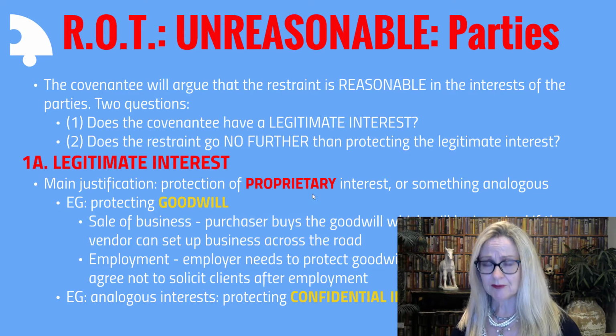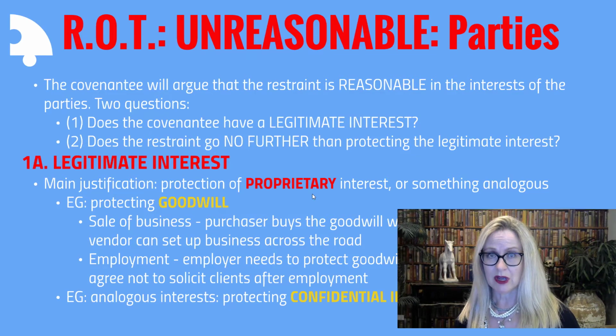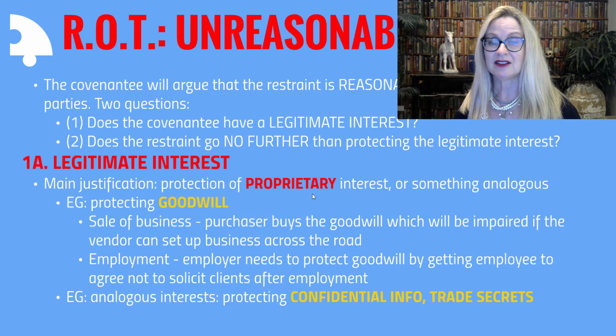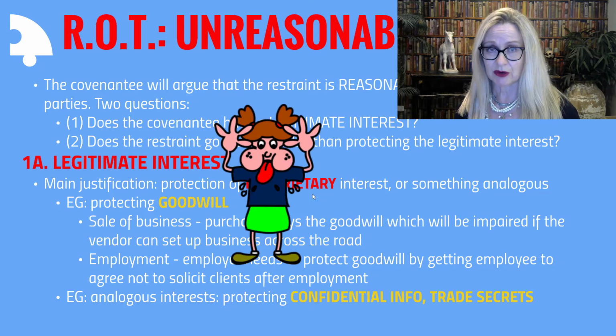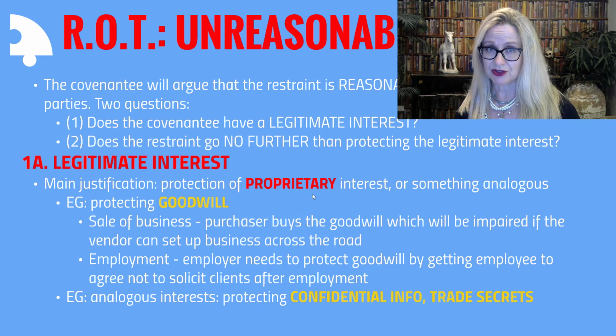This form of legitimate interest is common in sales of business. So the purchaser will buy the goodwill, which is going to be impaired or damaged if the vendor can then go ahead and set up business right across the road. In employment contracts, the employer wants to protect their goodwill by getting the employee to agree not to solicit clients after the employment finishes.